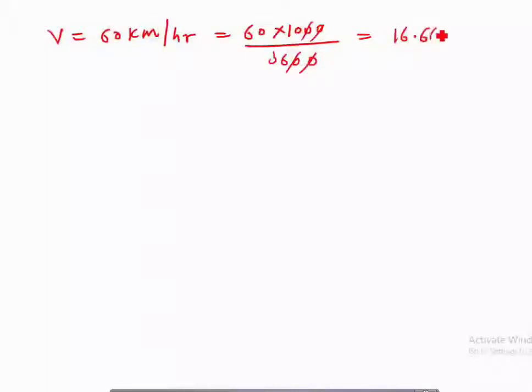Now we know that the velocity V is also given as 60 km per hour. It is equal to 60 into 1000 divided by 3600. After calculation, 600 gets cancelled, 600 upon 36, I am getting 16.66 meter per second.